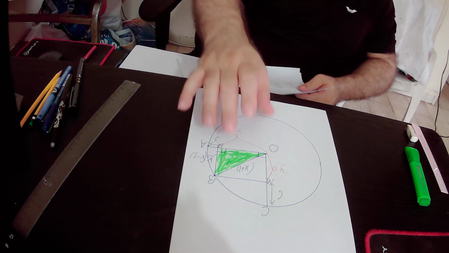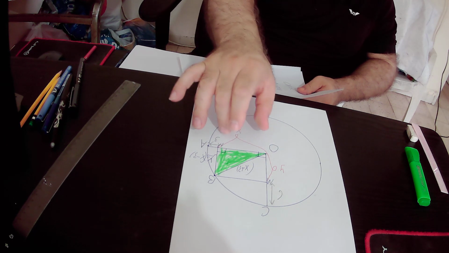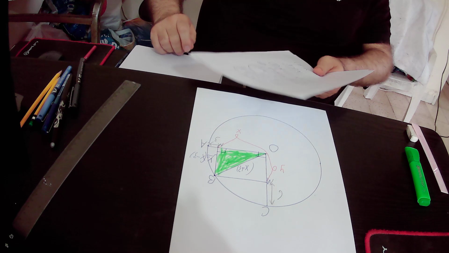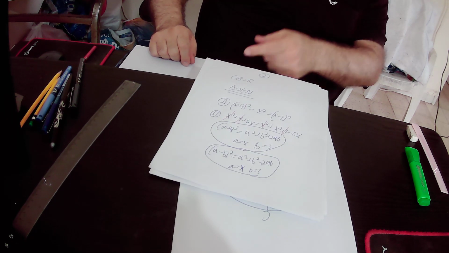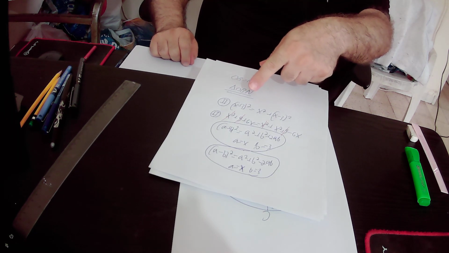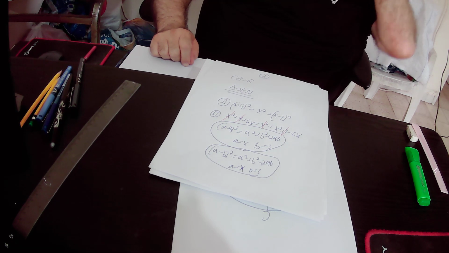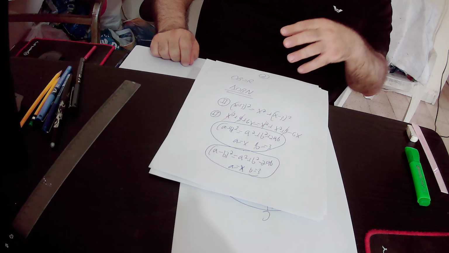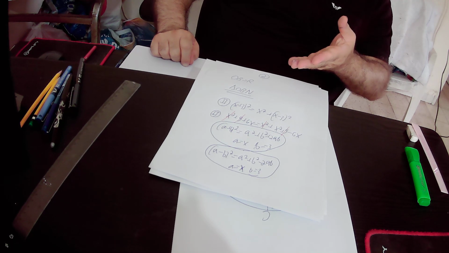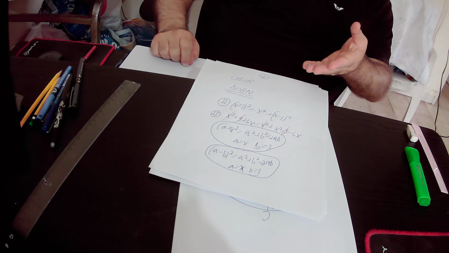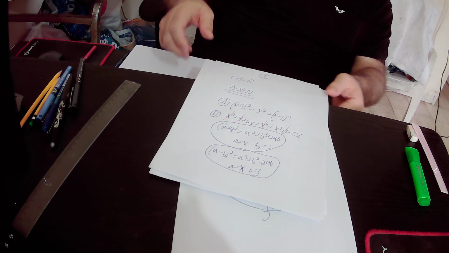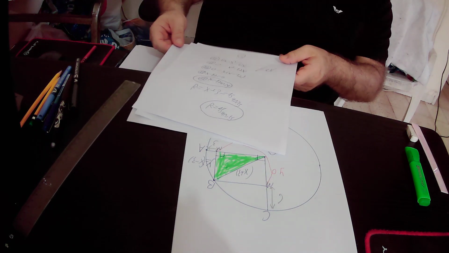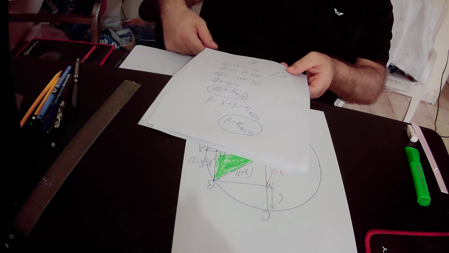That is to say, (x plus 3) squared equals x squared plus (x minus 3) squared. Okay, so this is our second equation. (X plus 3) squared equals x squared plus (x minus 3) squared. We solved this simple equation and we found out that x equals 12 units.